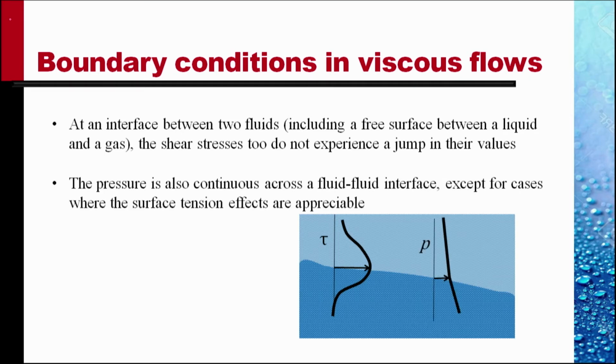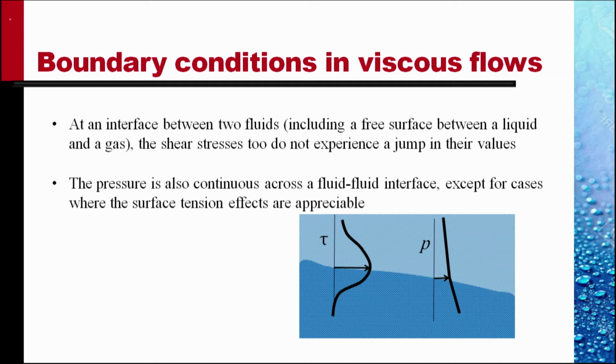The pressure also is continuous across a fluid-fluid interface, except for cases where the surface tension effects are appreciable. So, the continuity of pressure can be assumed only if the surface tension effects are absent.